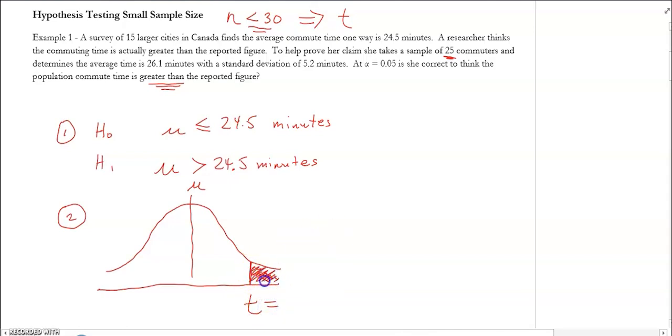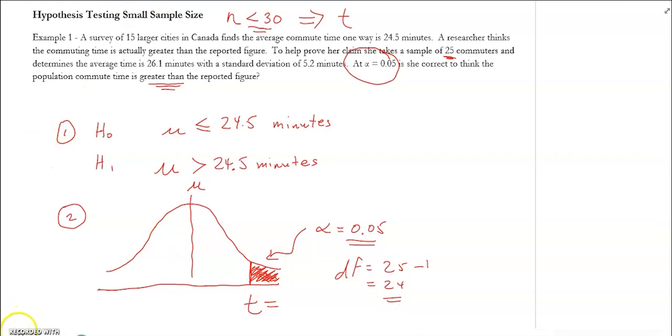Now, what this is telling us is that based on the level of significance of 0.05, that's alpha is equal to 0.05, we're going to go to our table, and remember that we're going to look at a one-tail column, and at the 0.05 level of significance with degrees of freedom 25 minus 1, which is 24. Okay, so let's go and make that happen.